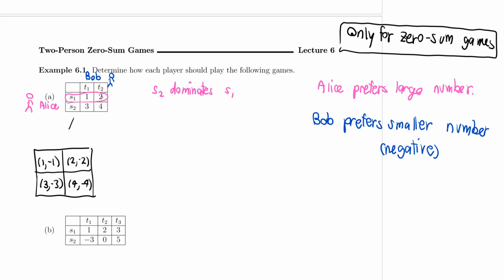So Bob's reasoning is that I should choose the first column. On the other hand, if Alice chooses the bottom row, Bob can see that losing $3 is better than losing $4. So that means no matter what Alice does, Bob should always choose T1. So for Bob, that means T1 dominates T2.